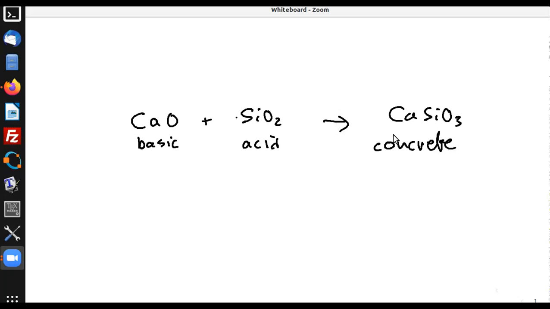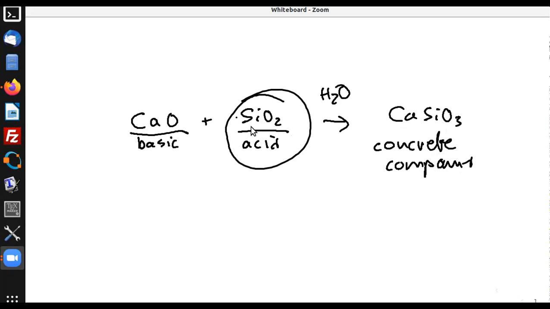It's a chemical compound between a basic and an acid oxide. You need some water also, otherwise a dry piece of calcium oxide and a dry piece of silicon oxide won't react. But here you get the compound. And in reality, you can mix in a lot of silicon oxide, because this is cheap sand. So then use this to make concrete and build houses and such things. So this is an application of acid-base theory.